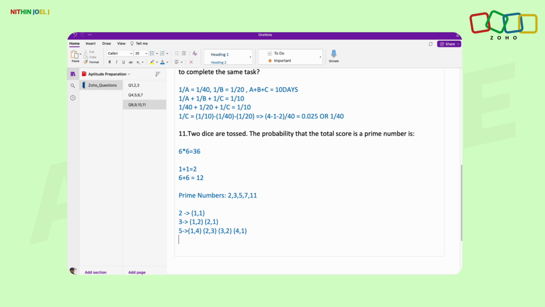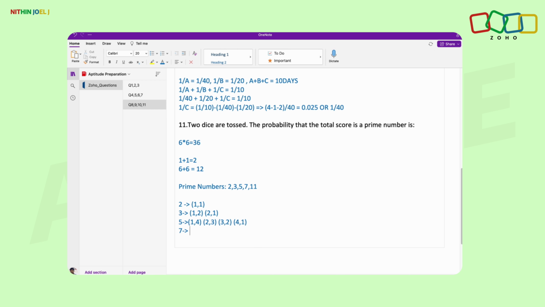So now let's go for 7. We have 1, 6. So 1 on one dice and 6 on the other dice makes 7. And we have, sorry, not 4, 5, it's 2, 5. And we have 3, 4, and we have 4, 3, and 5, 2, and 6, 1.